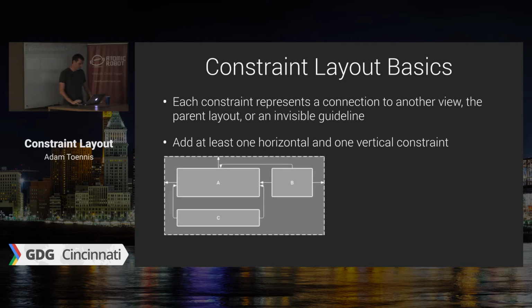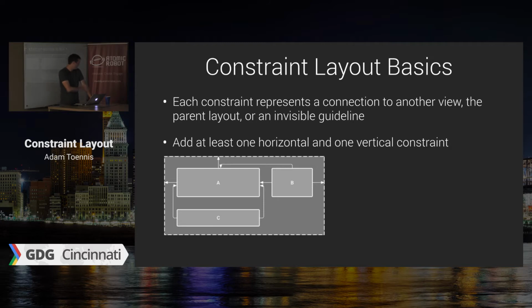So I'm going to put up two images here. Hopefully everybody can see this. There are three boxes here, A, B, and C, and it might look like there are a lot of arrows, but one view here is not constrained properly. Two views are constrained properly.